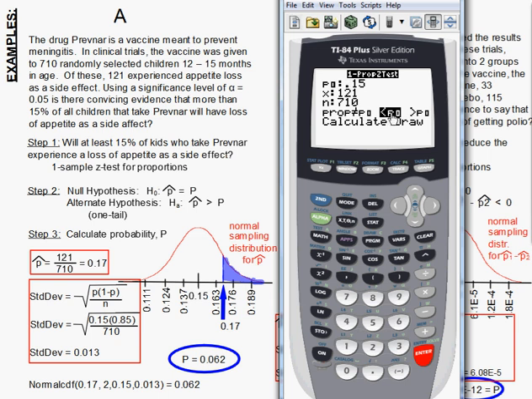It's going to ask us what we're trying to test, what our alternate hypothesis really is, which is our proportion is going to be less than, or actually what we want is greater than, oops.